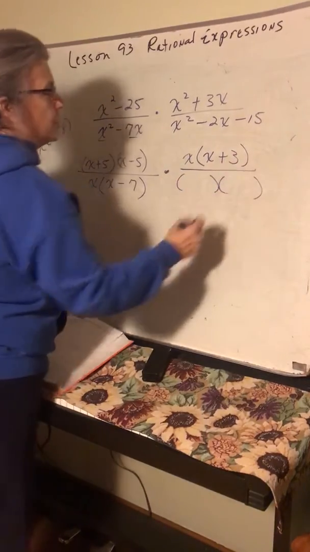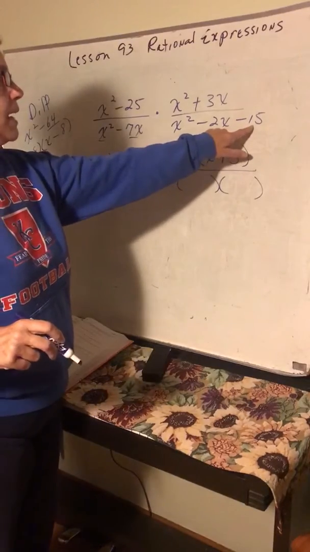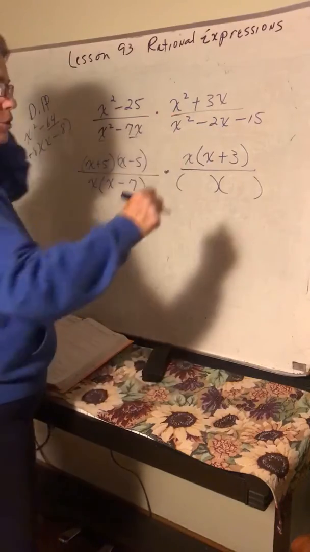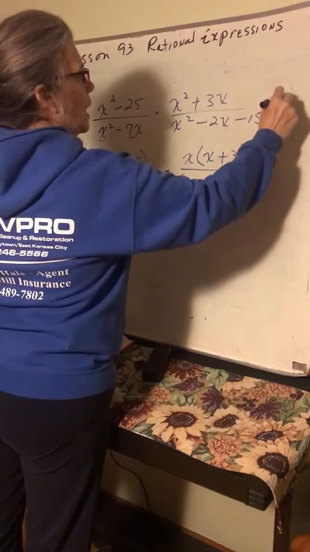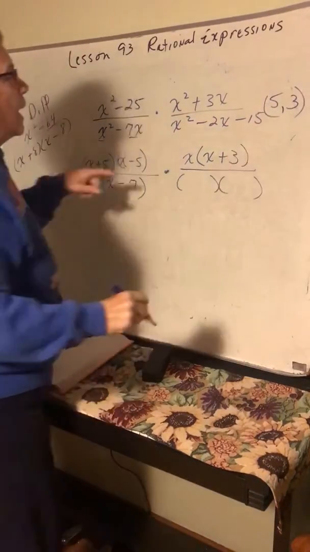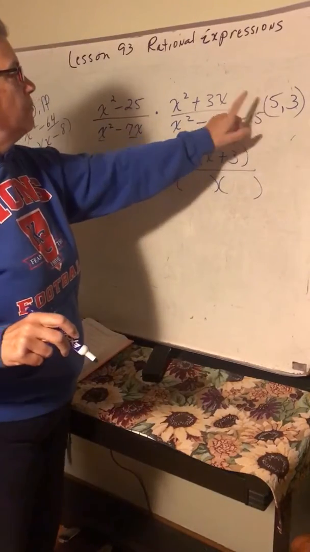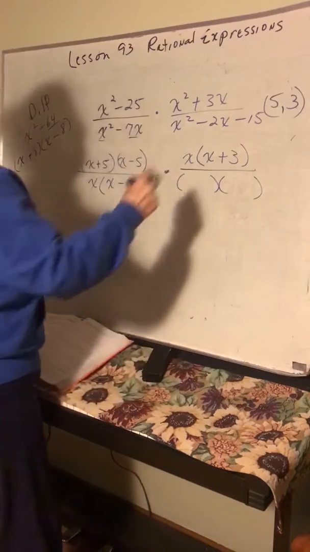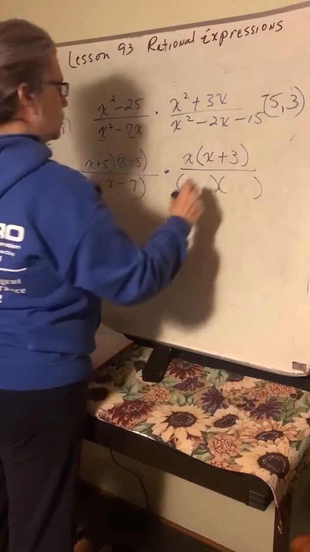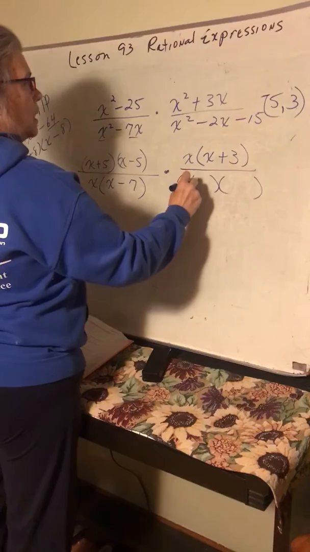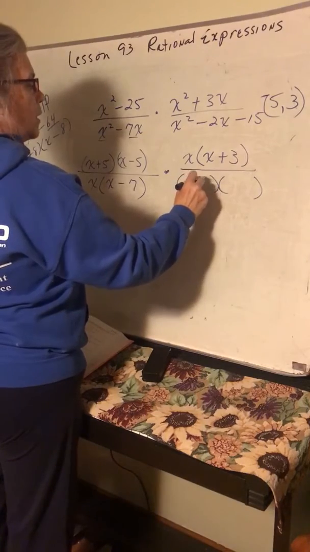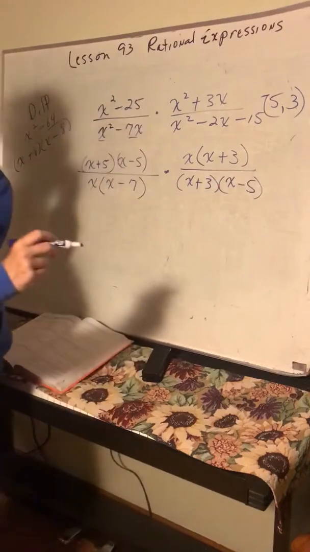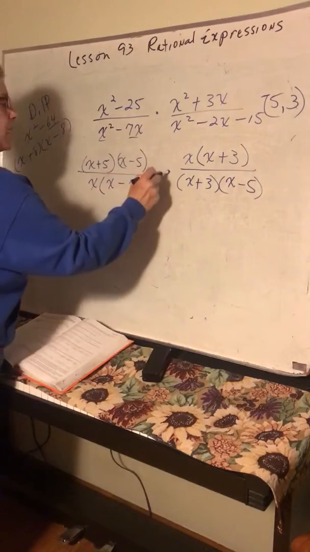This one down here, what multiplies to negative 15, and those same two numbers add to negative 2? Well, that's 5 and 3. The bigger one needs to be negative because when you add them, you want to get negative 2. So we have x plus 3 and x minus 5. Now we have them simplified.